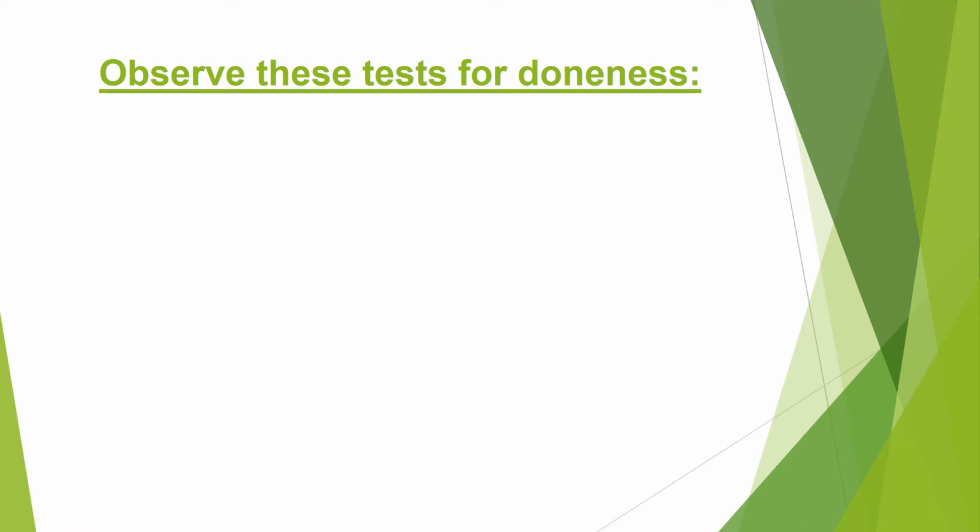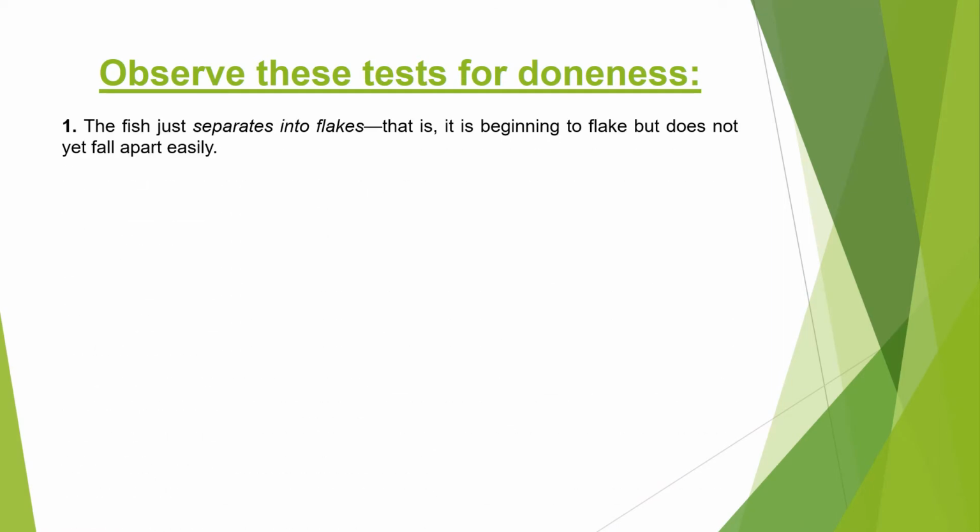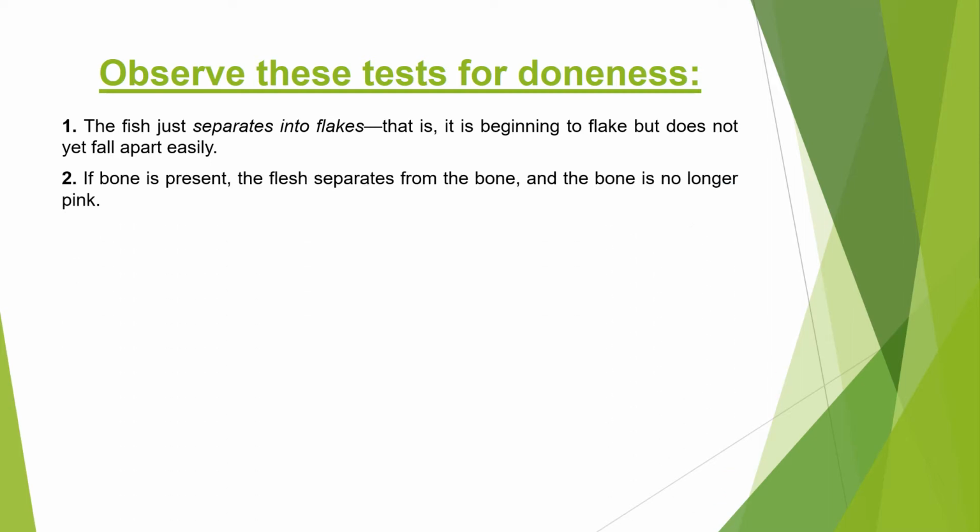Observe the test of doneness. The fish just separates into flakes. That is, it begins to flake but doesn't yet fall apart easily. Remember I told you, whenever you cook a fish, it has to be separated into flakes but not broken. Remember that the fish still preserves the heat and continues to cook even though you remove it from the fire or from the stove or pot or whatever you're using to cook.